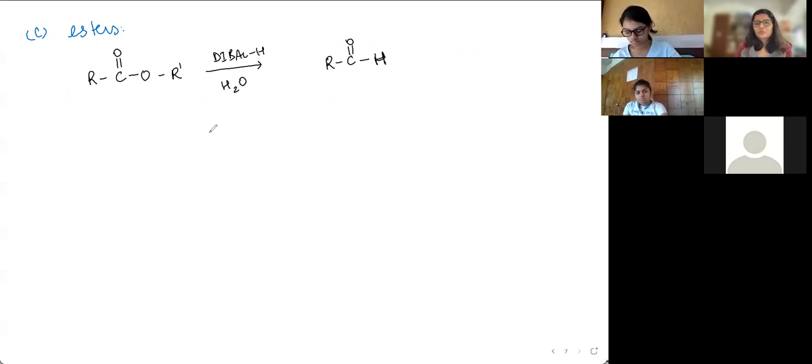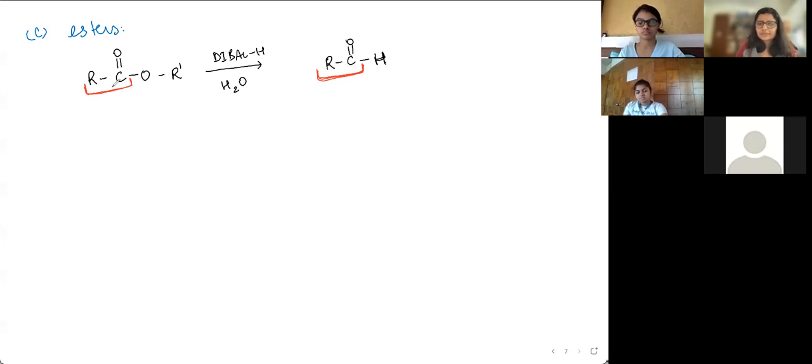So essentially the part that is attached to C double bond O gets converted into the aldehyde. This is indirectly a reduction of an acid derivative. Even in the case of acyl chloride, it was the same. Acyl chloride is a derivative of acid, like COOH converted to COCl. In place of Cl, you have a hydrogen there.